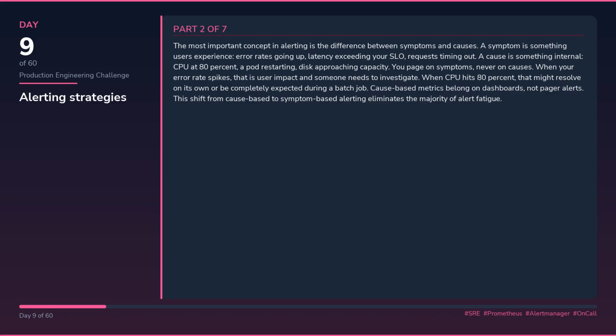When your error rate spikes, that is user impact and someone needs to investigate. When CPU hits 80%, that might resolve on its own or be completely expected during a batch job. Cause-based metrics belong on dashboards, not pager alerts. This shift from cause-based to symptom-based alerting eliminates the majority of alert fatigue.